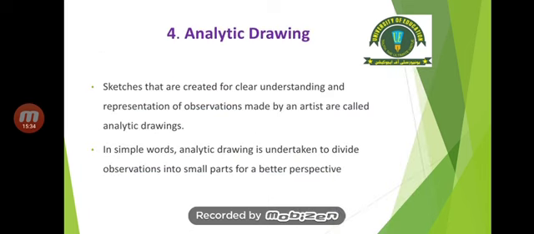The fourth type of drawing is analytical drawing. Sketches that are created for clear understanding and representation of observations made by an artist are called analytical drawings. In simple words, analytical drawing is undertaken to divide observations into small parts for a better perspective.